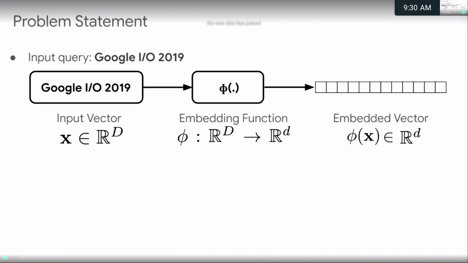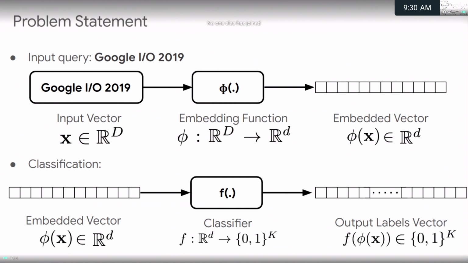Once we have this embedded vector, we can give it to a classifier. The classifier receives a vector in small d dimensional space of real numbers and outputs a binary vector, which is k dimensional, but it's binary, just 0 or 1.